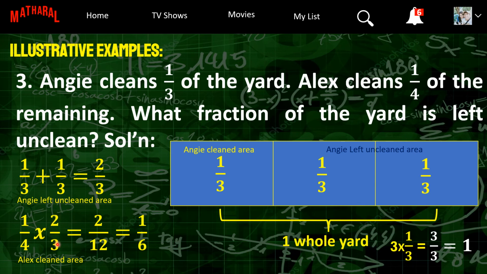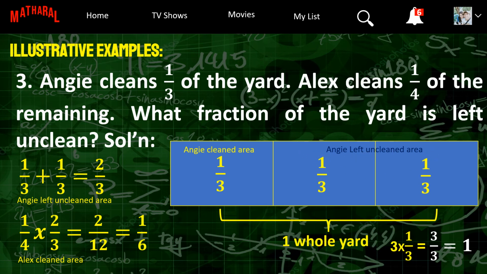So ayan po. So now, 1 times 2 is 2 and 4 times 3 is 12. And if we're going to simplify 2 over 12 or 2/12 is equal to 1/6 or 1 over 6. Ayan po yung nalinis ni Alex doon sa part ng naiwan ni Angie.